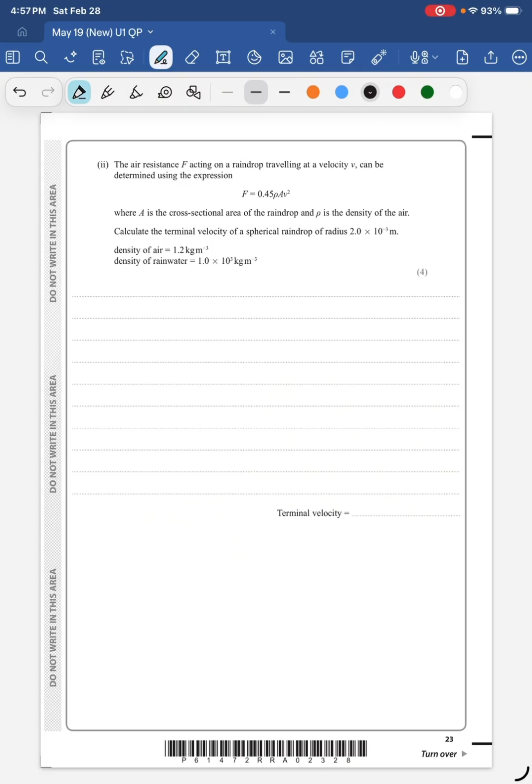Again, when terminal velocity is reached, the weight is equal to the drag force. So m times g becomes equal to 0.45 times rho of air times A times v squared. Now we are not given the mass of the raindrop, but we are given the density.